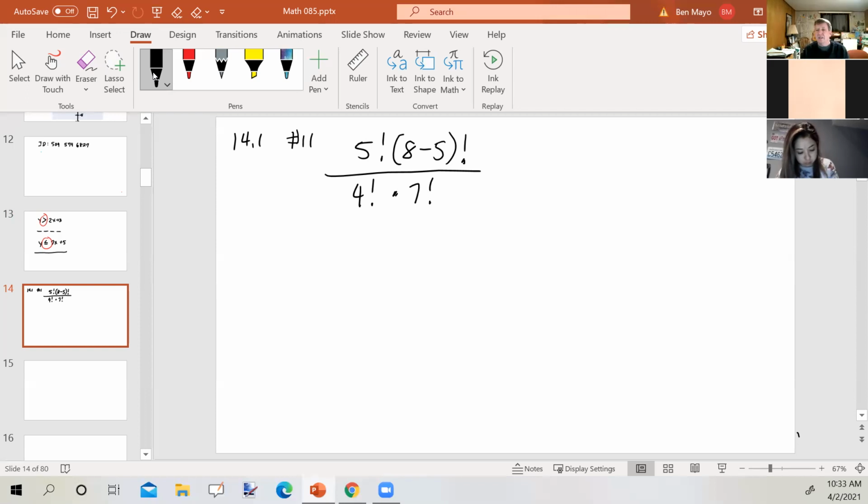To me, the key to this problem is being able to reduce it down as much as possible. So initially, I'm going to take 8 minus 5, which is 3. So I get 5 factorial.